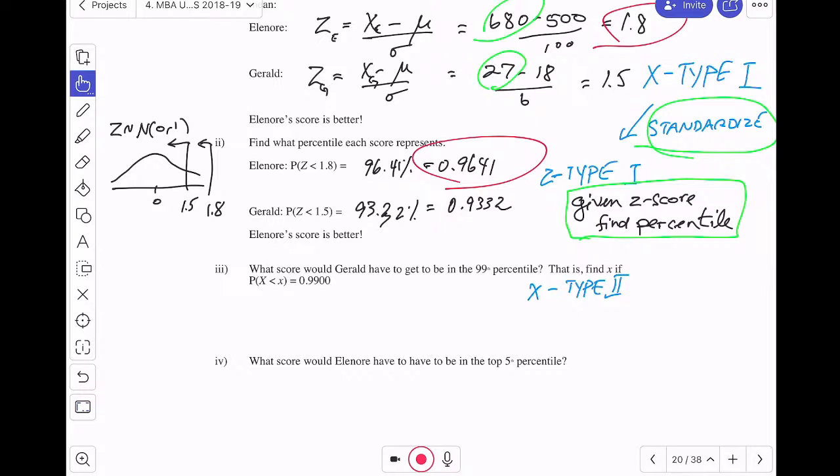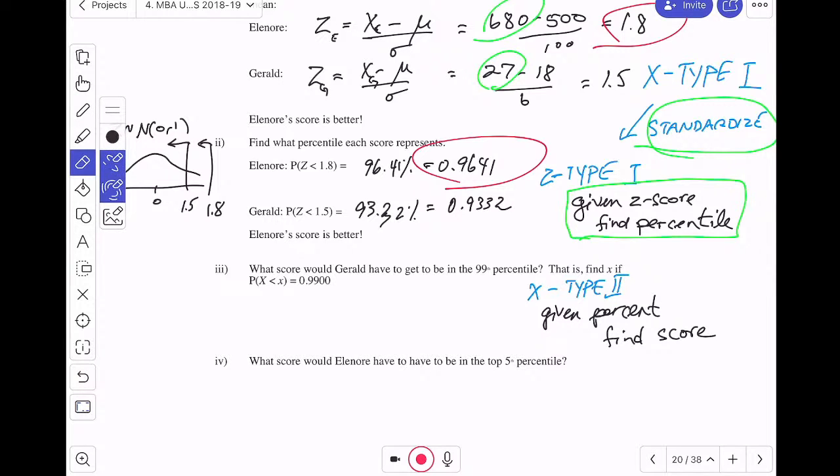In this sort of problem, I give you the percentage or percentile, and you have to find the score, the value, in this case X. For instance, I want to find the 99th percentile.